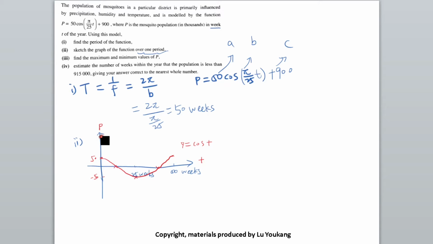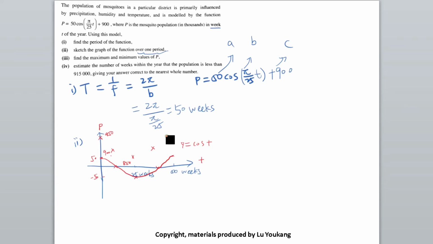Not only this, I know that I have to add in another 900 because my C will increase each value by 900. Therefore, from 50 I get 950, 0 I get 900, and minus 50 will be bumped up to 850.